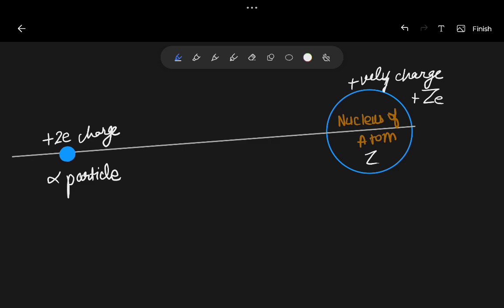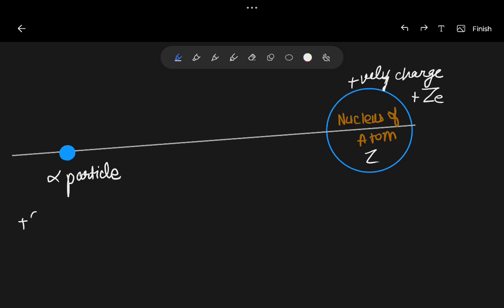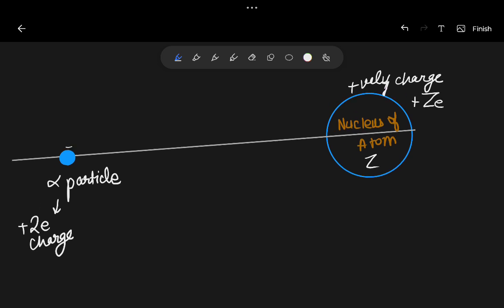Now let me just write it over here. So the alpha particle has positive 2e charge over it, right? So this is the charge. Now this is moving. Let's bombard a lot of alpha particles from an infinite distance.